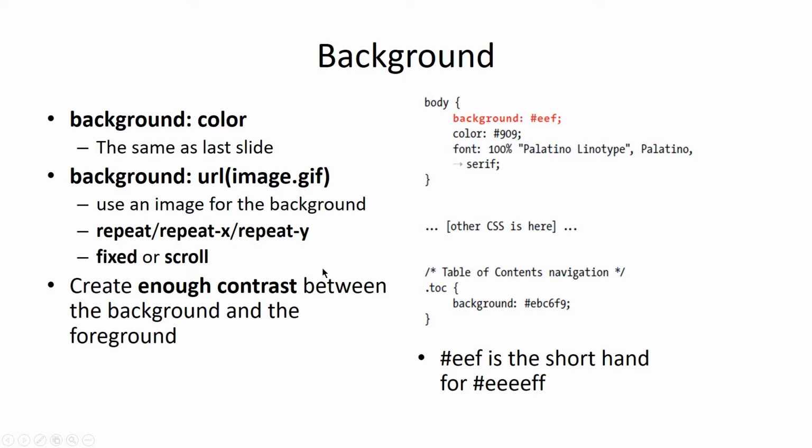Okay, when applying a color or adding an image to the background, you need to make sure there's enough contrast between the background image and foreground text. For example, if you add black text onto a paragraph with black background, then you cannot see the text at all.